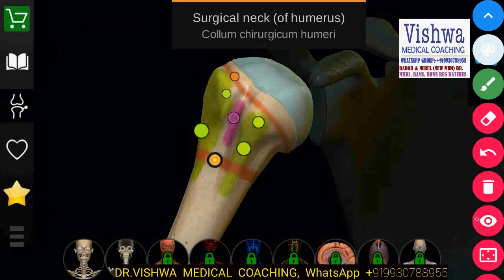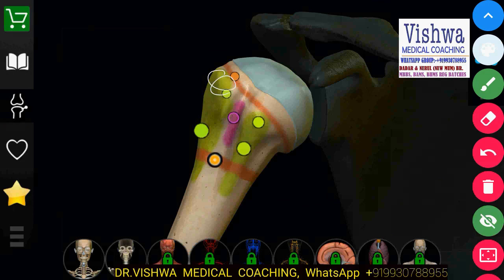What we can see here is a major elevation and here a minor elevation. So it is also called the greater tuberosity and the lesser tuberosity. Let me show it to you.